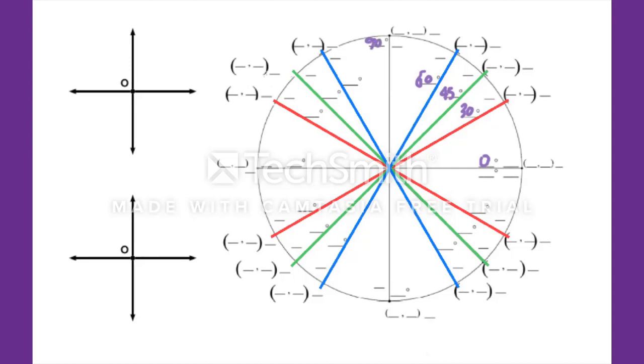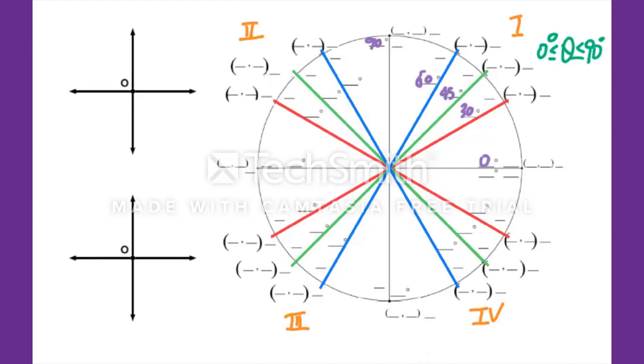We call any angle in the first quadrant... We know this is the first quadrant, second, third, and fourth quadrant. For the first quadrant, we know the angle will be between 0 degree and 90 degree.